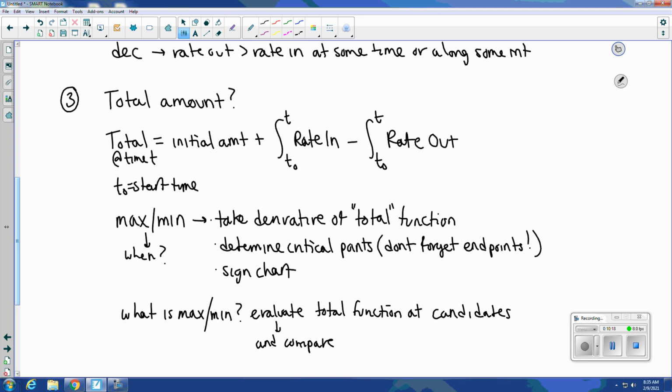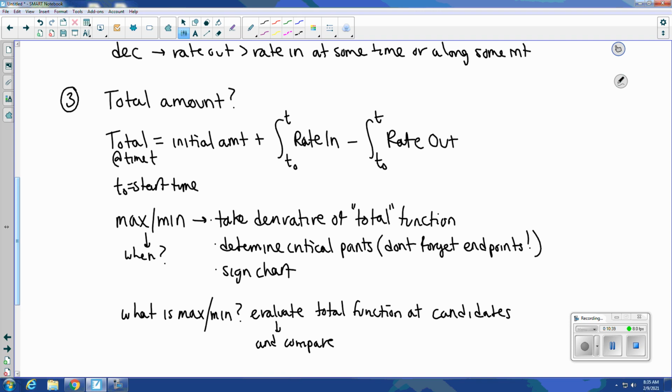Then take the derivative for the max min, make a sign chart that will tell you when the max or min happens. Maybe there's more than one. If there is more than one, or even if there's only one, if it asks you what is the max or min total, you'll have to evaluate the actual function at that point in time to determine the amount.